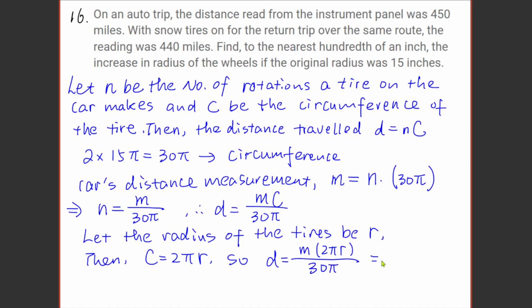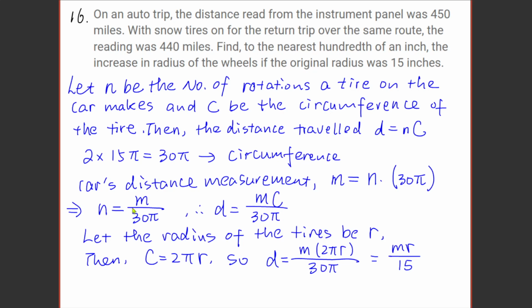So that gives us m r over 15. So the radius of the tires and the measurement made by the car are inversely proportional. Because the distance of the two trips is the same, which means d is constant, the product of the original measurement and radius equals the product of the return trip measurement and radius.